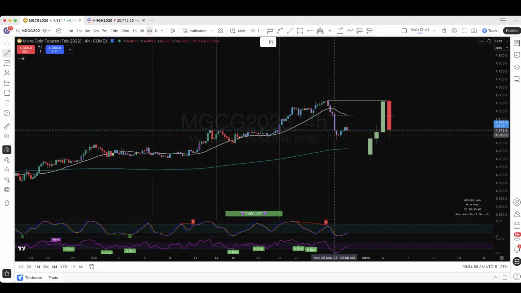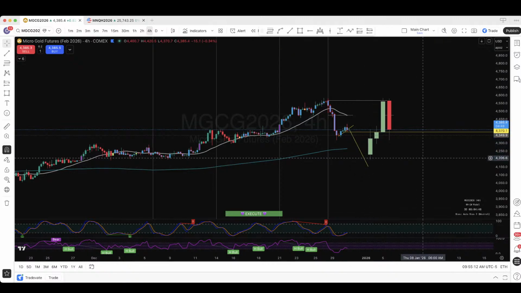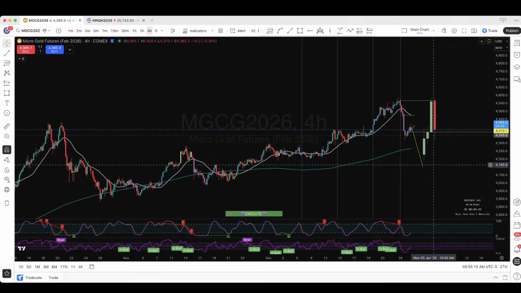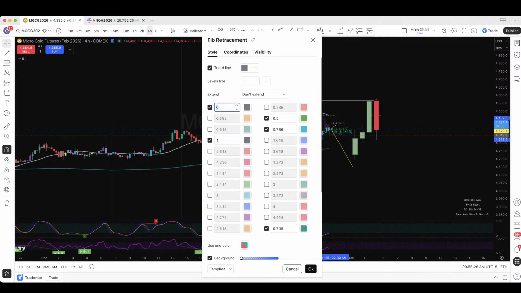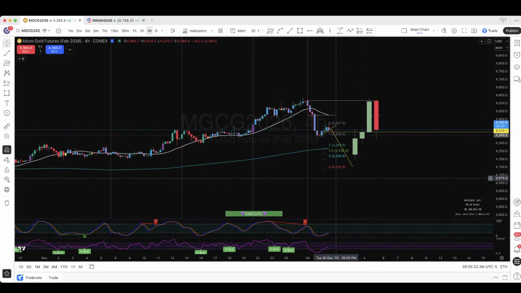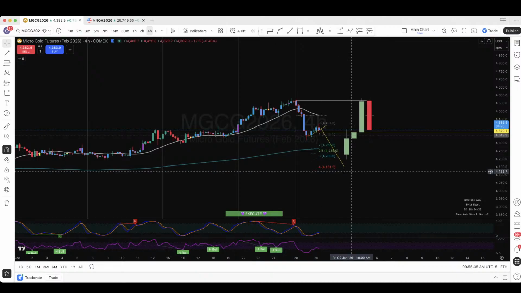Oh, it's one of those things, right? Let's do something fun. Let's see if this turns into an order block. Well, the flag kind of meets up with the fractal.